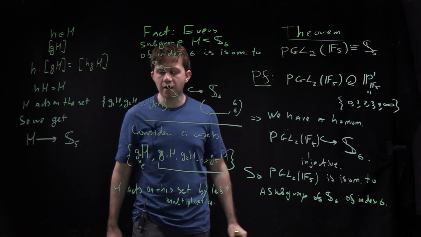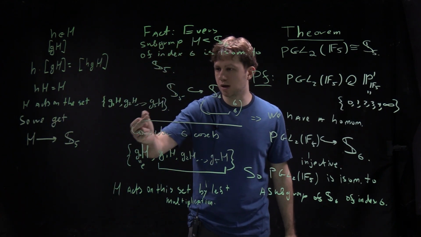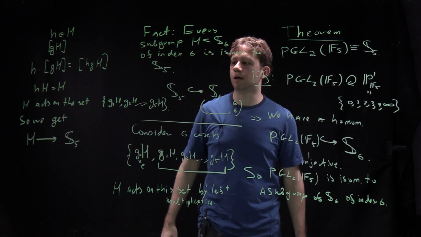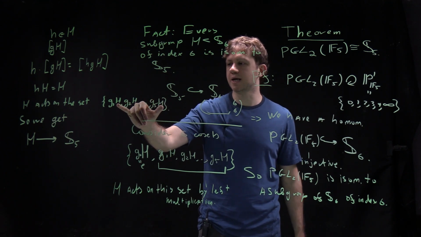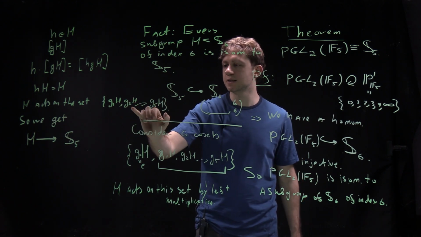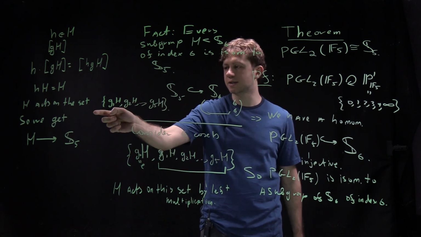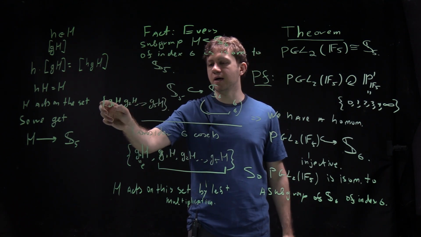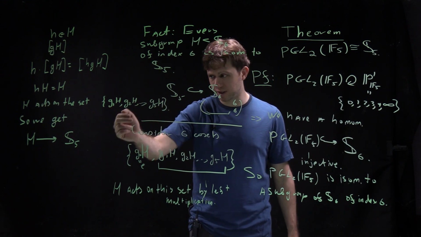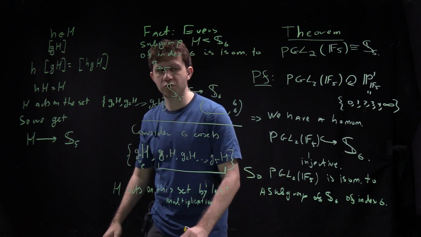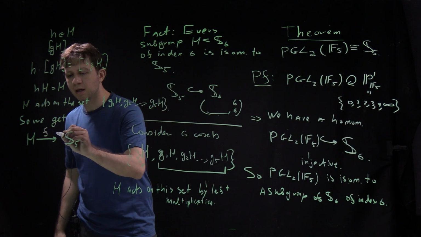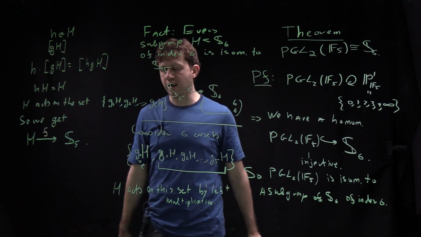So why S5? I mean, H has index 6, so we get index 6. There are 5 cosets, it acts on them, so we have a homomorphism to S5. Let me call it F. So what is the kernel of F?